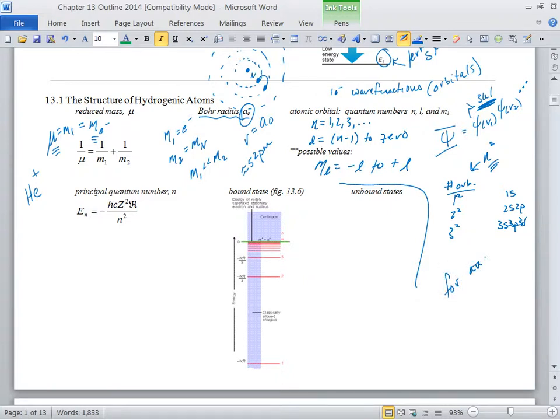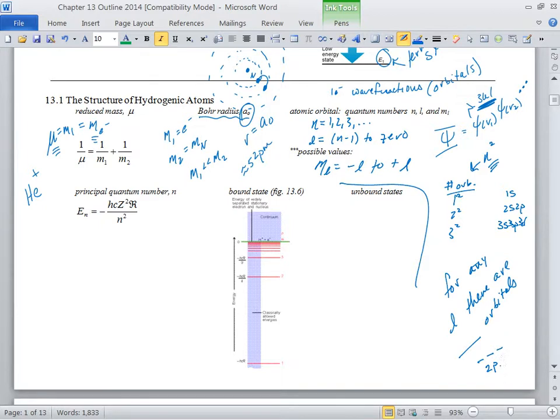For any l, there are how many orbitals? If you pick an l, how many orbitals do you get out of it? Think of like 2p. How many orbitals did you draw? 3.